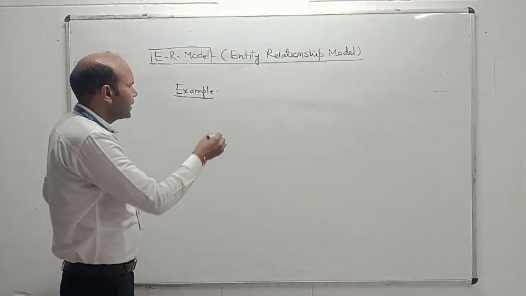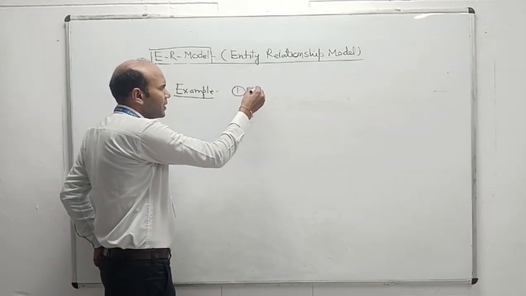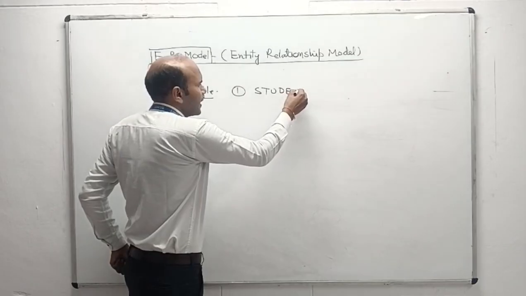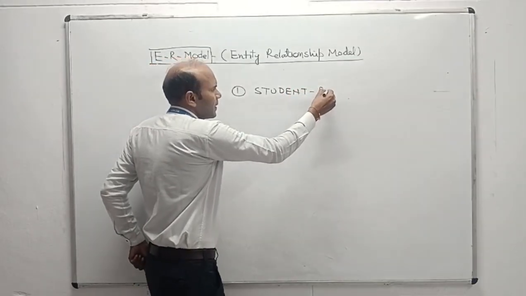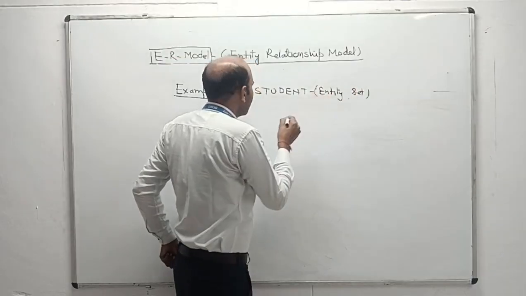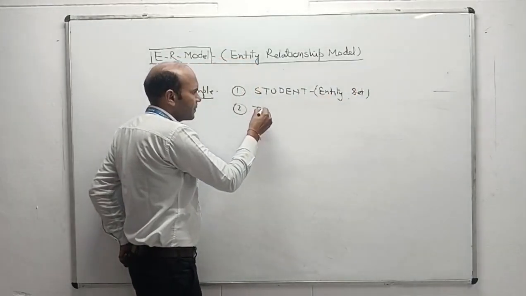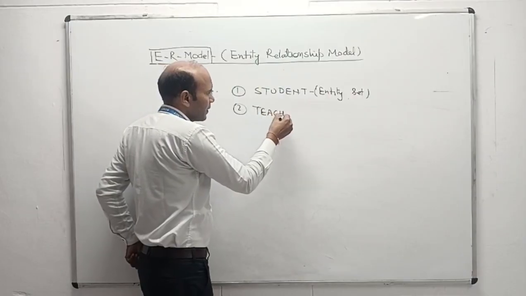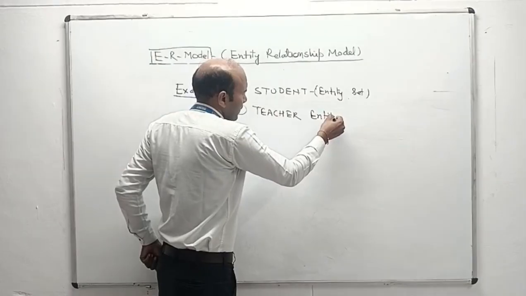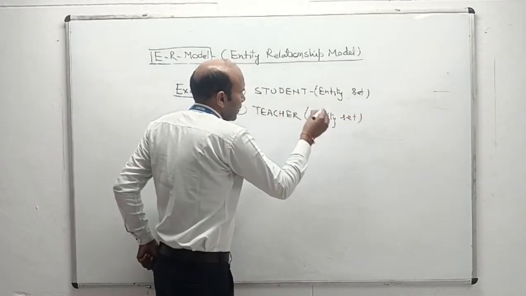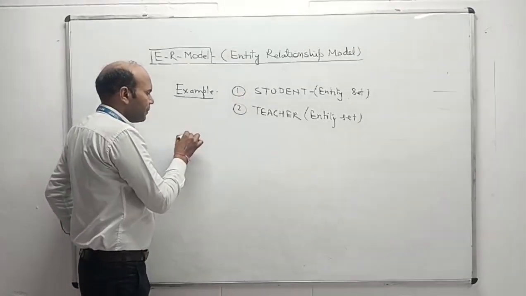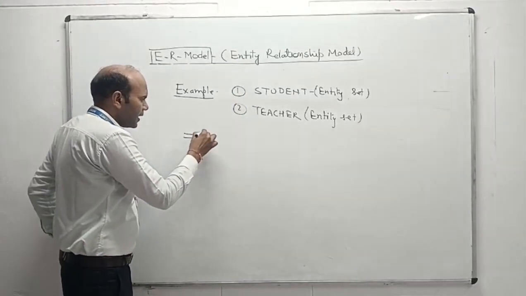Suppose I have two entities. One is the student entity set, and second is the teacher entity. Basically, for representing an entity, we use the rectangle.